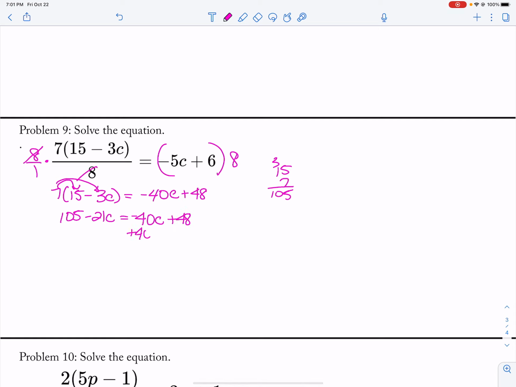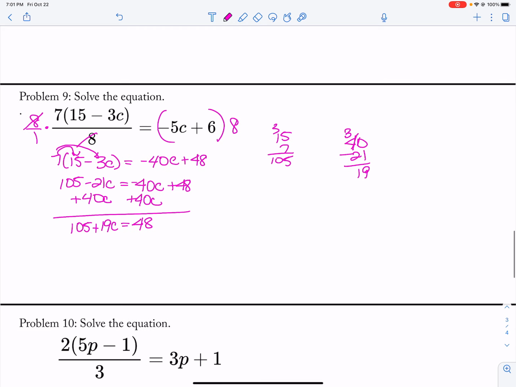So I'll add 40c to both sides. Okay. And again, 40 is the bigger number, but 40 minus 21, if you have to stack it again for right now, stack it. So I have 105, and then the 40 was bigger, so that means that's plus 19c is equal to 48. I'm going to subtract 105 from both sides.